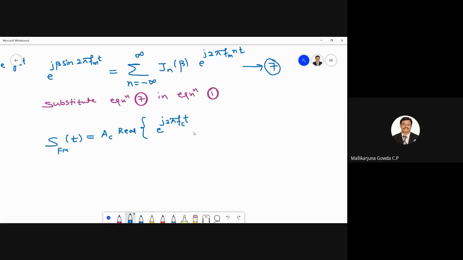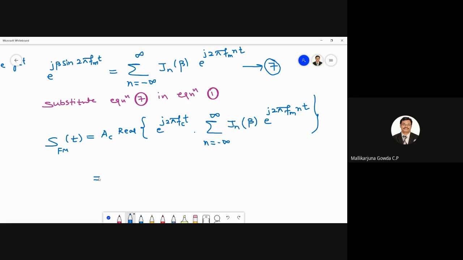The second term is e power j beta sin 2 pi fm t, for which I substitute summation n equal to minus infinity to infinity Jn of beta into e power j 2 pi fm n t.